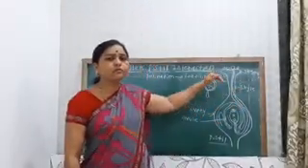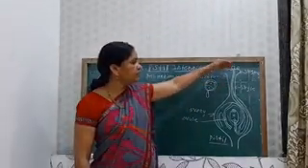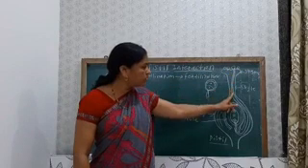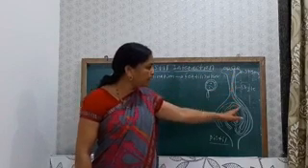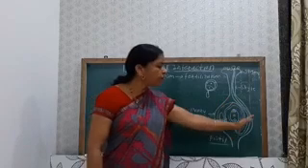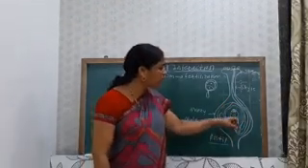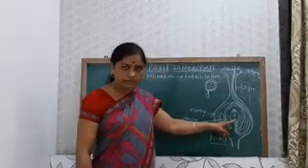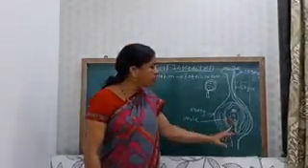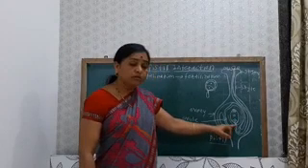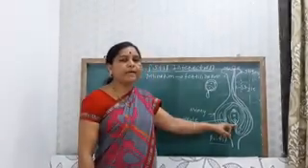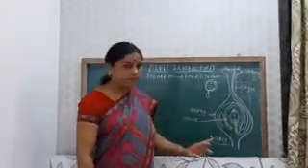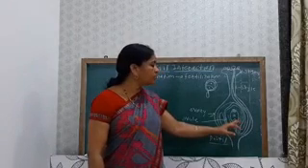The pollen tube grows from the stigma through the style, then enters the ovary, and then enters the ovule. The pollen tube with the two non-motile male gametes enters the ovule through the synergids.